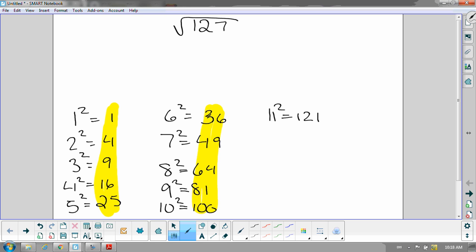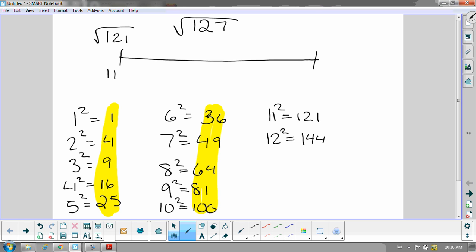It's bigger than that. 12 squared is 144. It's smaller than that. So those are going to be the two numbers on either side. 121, which is 11, and 144, which is 12. And here right in the middle is 11.5.